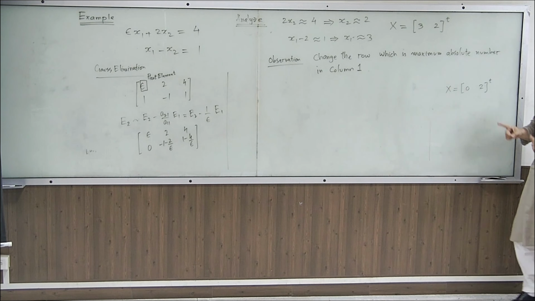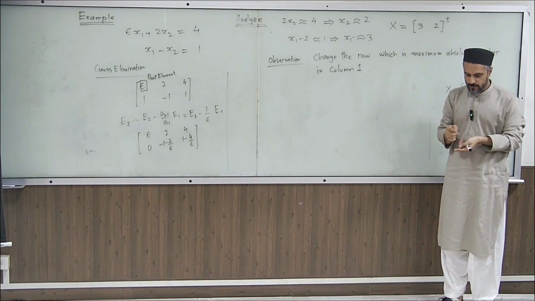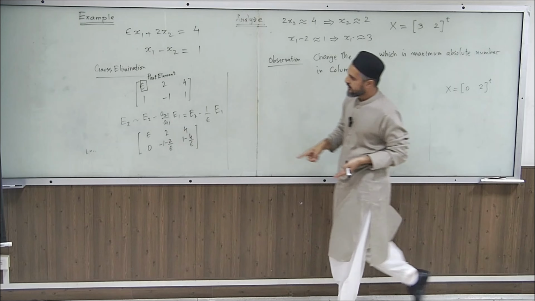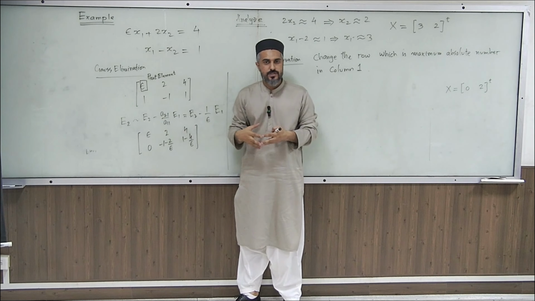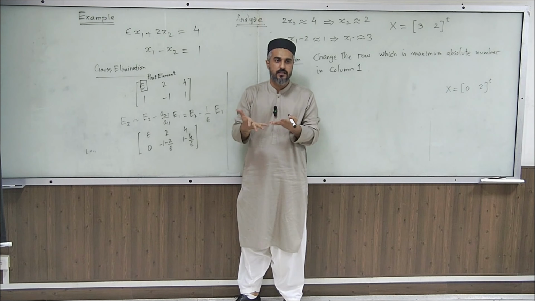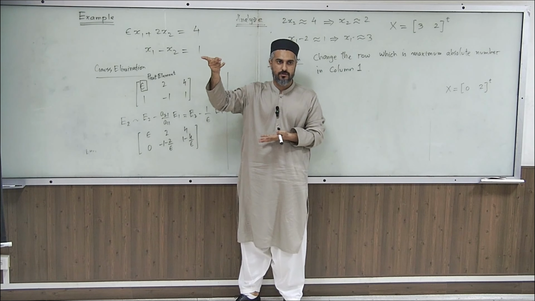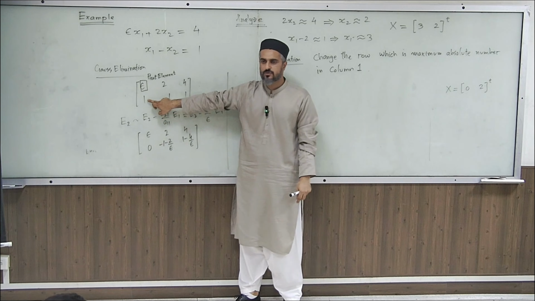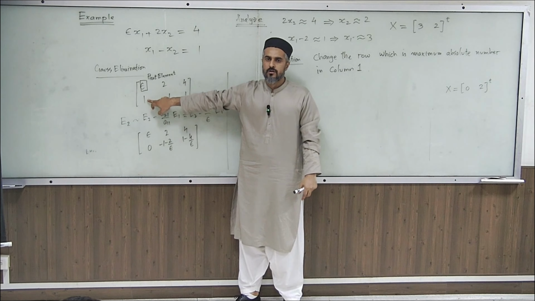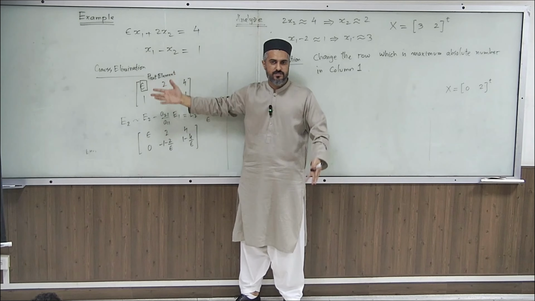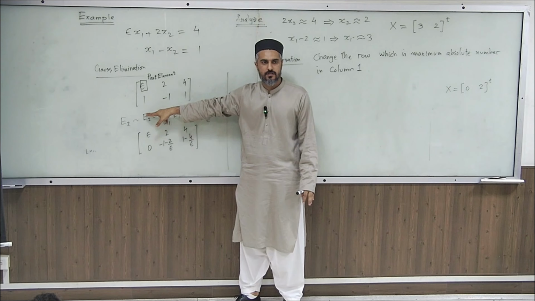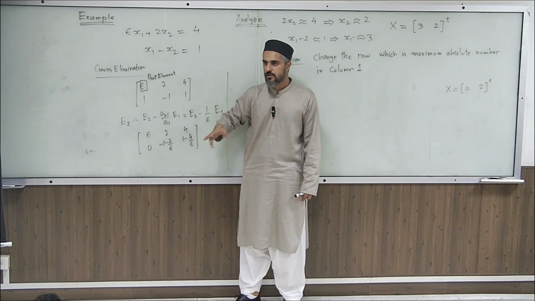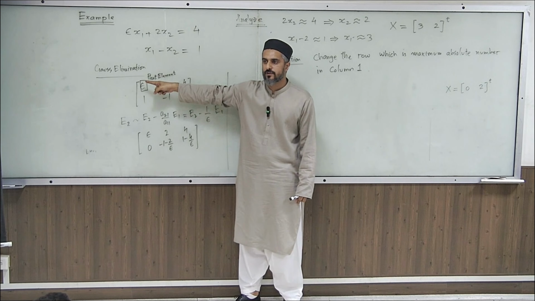So I'm talking about column number 1, where A11 is the pivot element. Look for the elements below the pivot element, and if there is some number which in absolute terms is greater than the pivot element, swap that row. For example, this is a 3 by 3 system and there is a -5 here. -5 in absolute terms is greater than 1, so we'll have to swap that row with the first row.